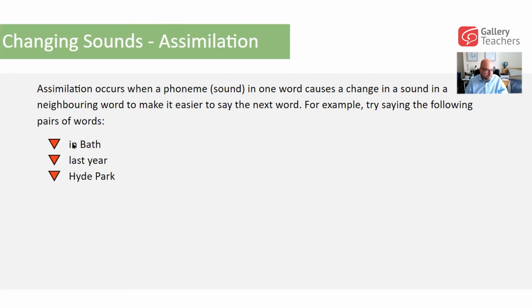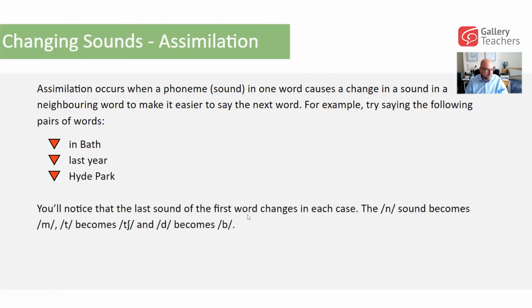You'll notice that the final consonant here, n, t, and d, is not what we hear. In bath, last year, Hyde Park. The n becomes an m, "im bath." The t becomes a ch, "last year," cheer. And here, the d, Hyde, becomes a b to make it easier to link.